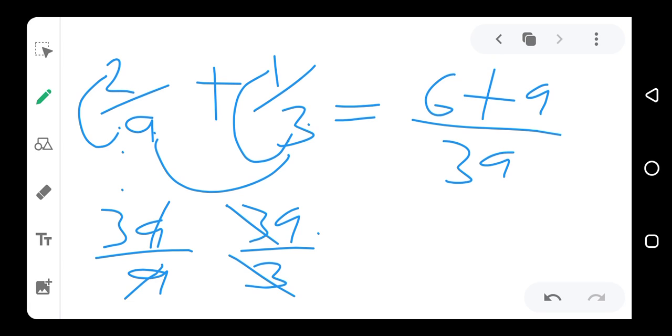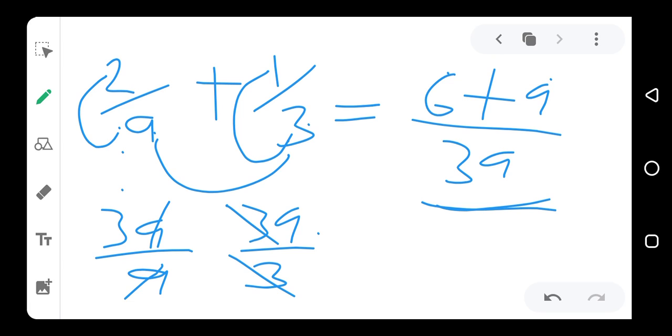So we are now going to have 6 plus a over 3a. We cannot add a to 6 because we don't know the value of a. So the answer becomes 6 plus a over 3a. This is the final answer.